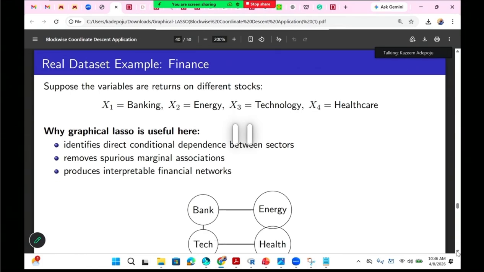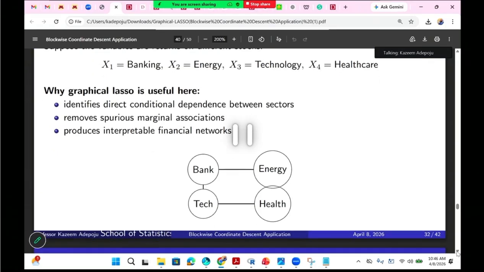Suppose the variables are returns on different stocks, returns from banking, energy, technology, healthcare. Before you can have this kind of network, the graphical lasso will eliminate any spurious relationship or association. Does that make sense? It's only going to retain the ones that are direct.